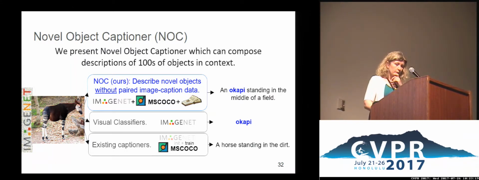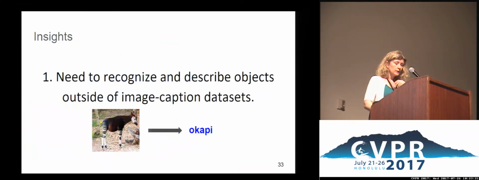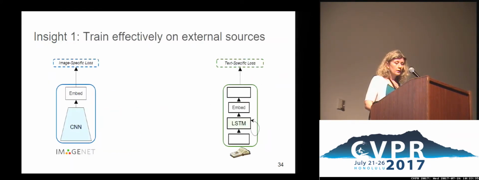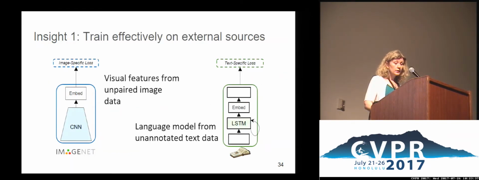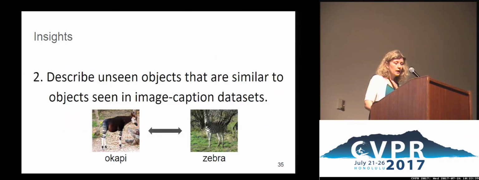So we proposed this model, and this was presented earlier in the conference. The main insights here are to recognize and describe objects using outside data, so not just image caption data sets. So we want to train effectively on external sources of data. And the second insight we used is that we want to somehow transfer similar objects between our data sets.